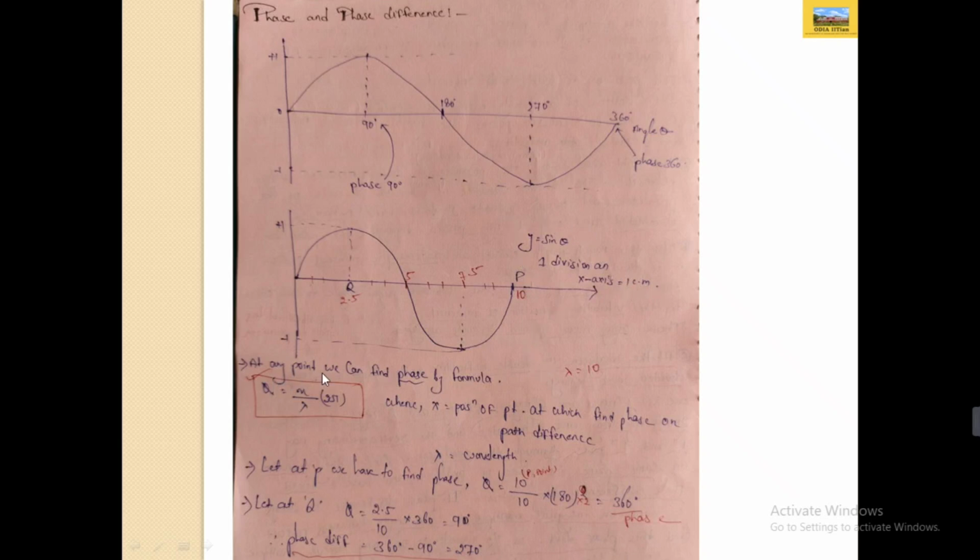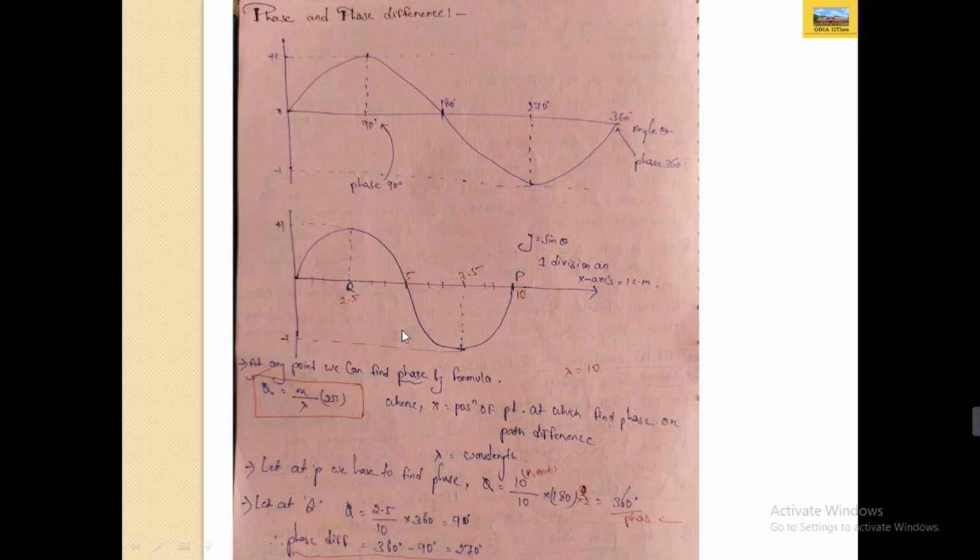Now, at any point, we can find the phase by this formula. This is the important formula. If we are asked for the phase, the formula is x divided by lambda, which is the wavelength, into 2 pi, where x is the position of the point where the phase or path difference is asked, and lambda is the wavelength.